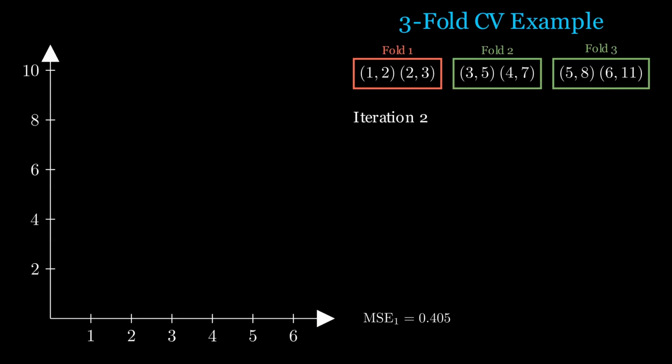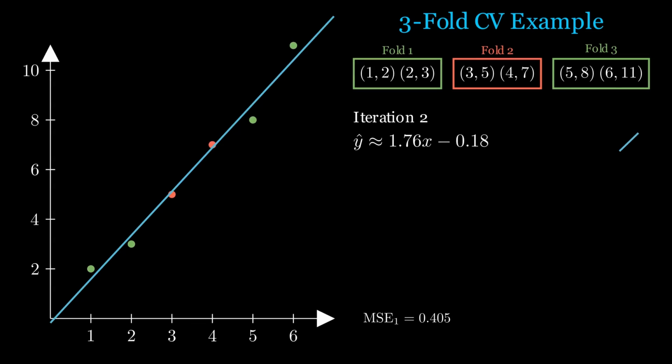In iteration 2, fold 2 becomes the test set. We train on folds 1 and 3. We get our new equation, y hat equals 1.76x minus 0.18. The approximation is due to rounding. We plug in our test x values for observations 3 and 4 to get our estimates of 5.12 and 6.88.